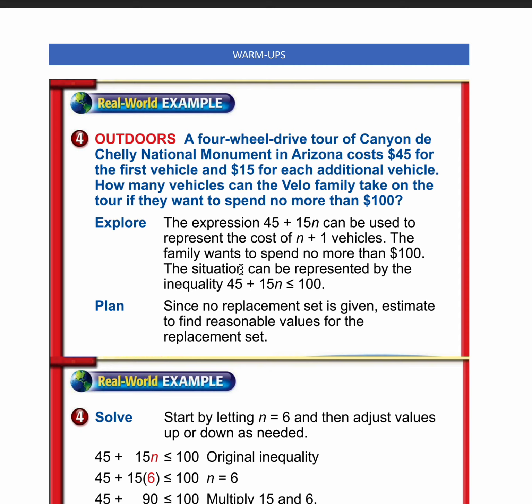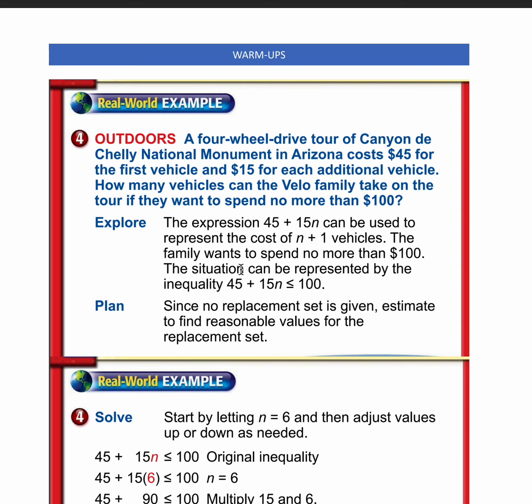When I researched this, the most recent movie filmed in this national monument area near the canyons is Johnny Depp's Lone Ranger. I haven't seen it, but yeah, it's quite a famous sight. Well, now let's jump into the math aspect of it.